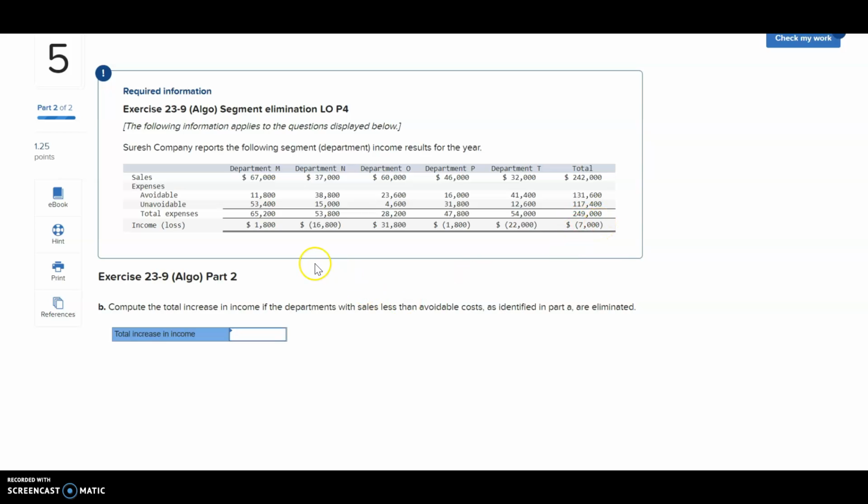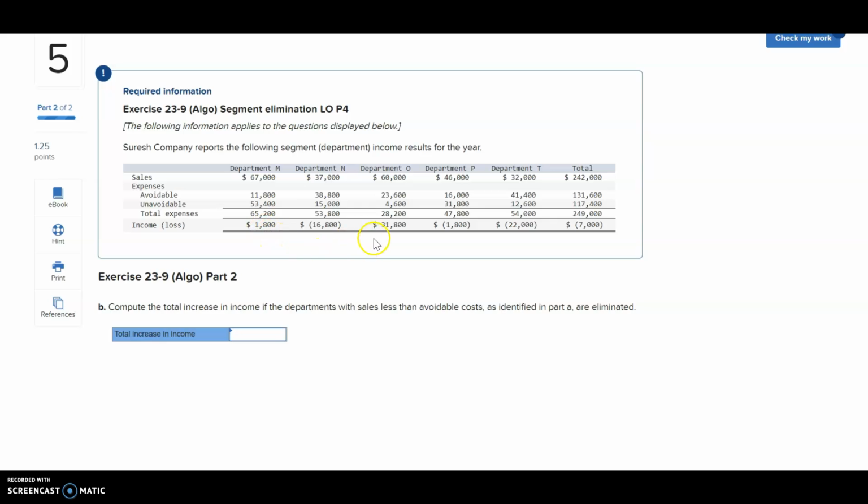And then what you'll do is you'll consider, right, the ones that you're keeping, those incomes will remain. The ones that you're dropping, right, the sales are going to be gone, the avoidable costs are going to be gone, but the unavoidable costs are going to have to be picked up by the remaining units.